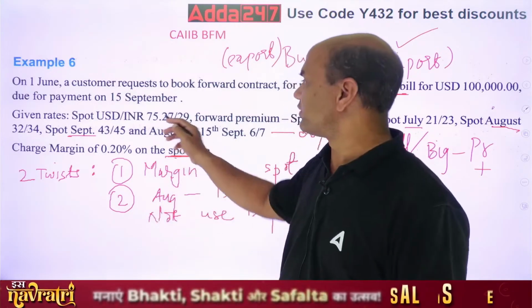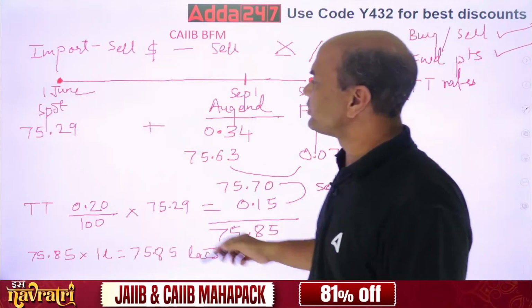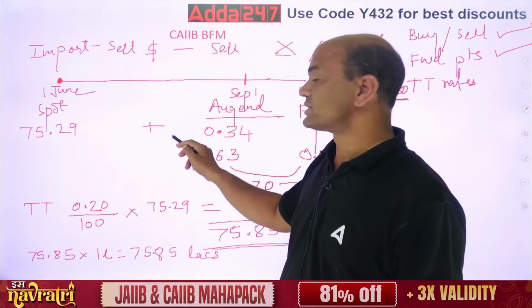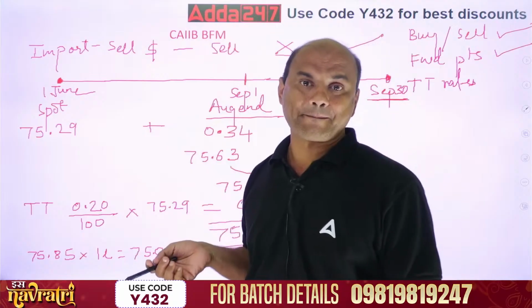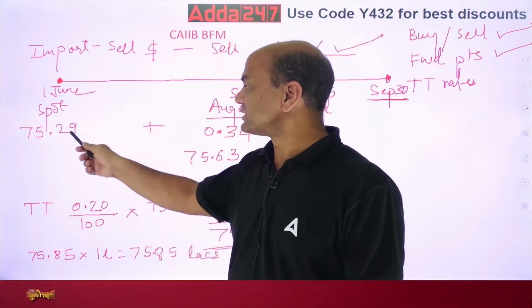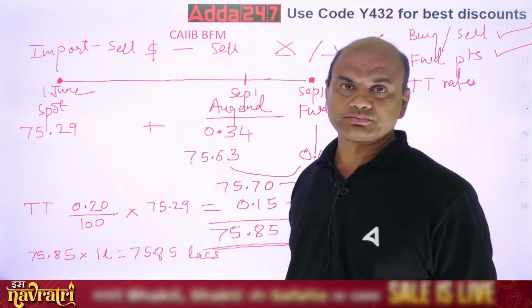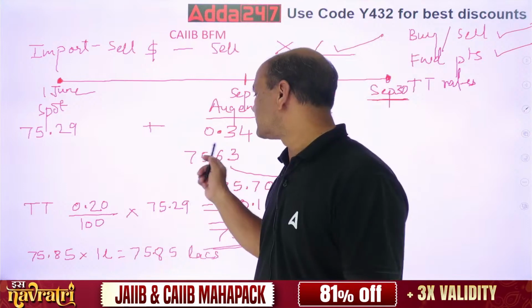So 75.29 plus 0.34. Why plus? Because just now I told you the currency is in premium. So I'll be adding 75.29 plus 0.34. Add these two, everyone. You must get this answer as 75.63.